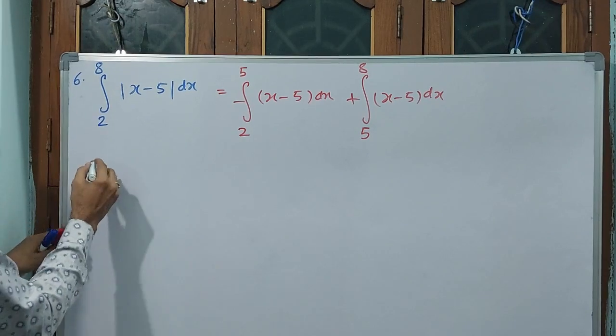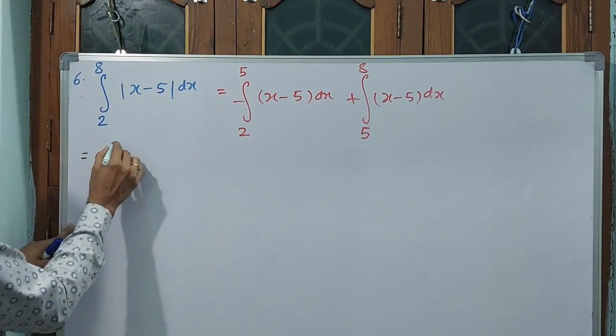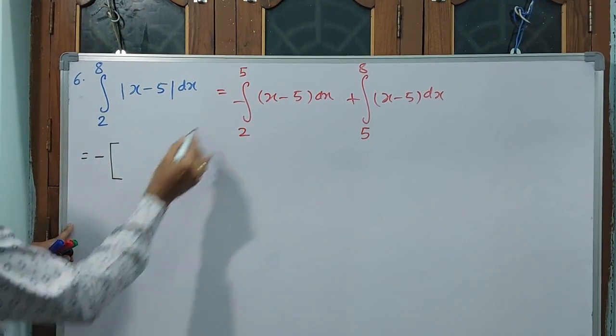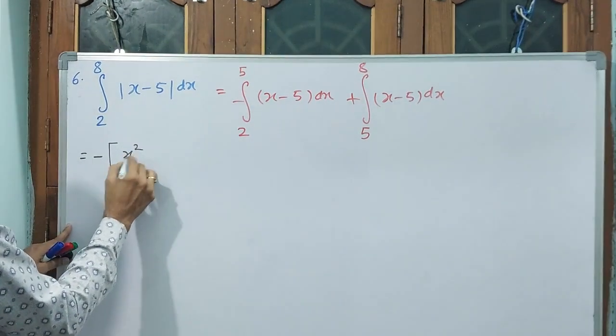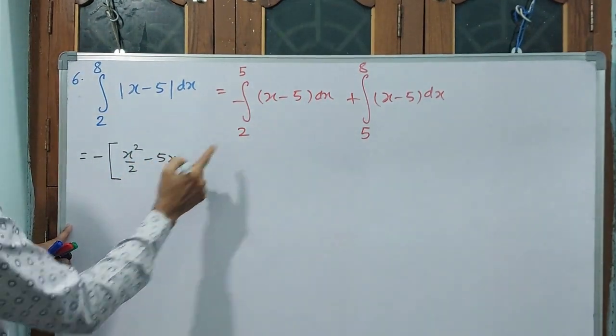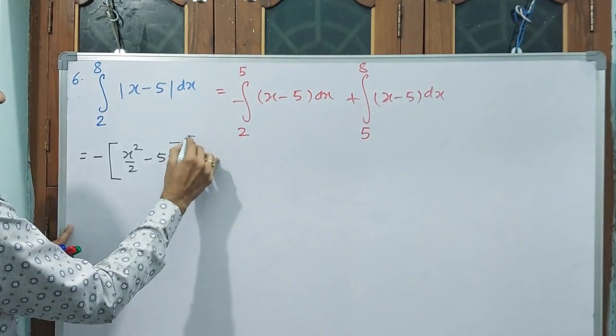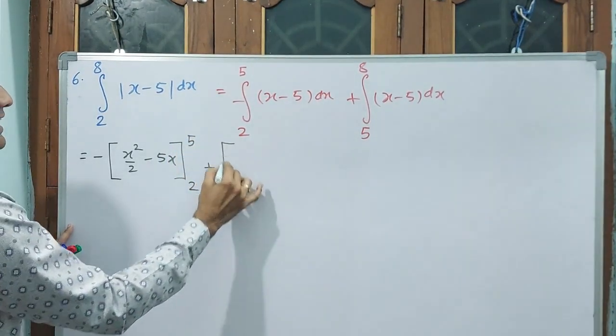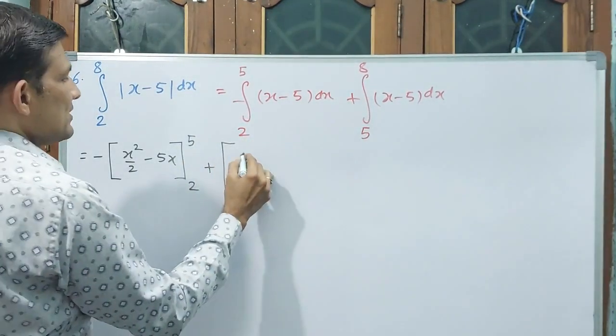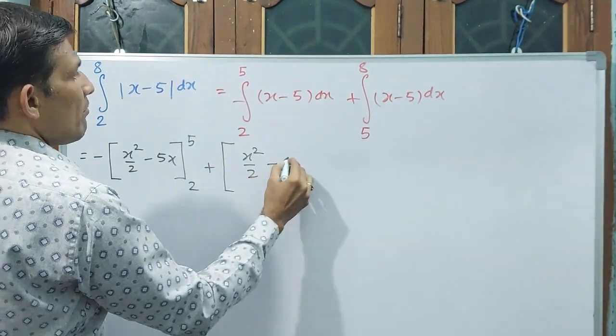Right now, that is equal to minus of x square by 2 minus 5x integral. Okay. Now apply 2 to 5, plus again same x square by 2 minus 5x.